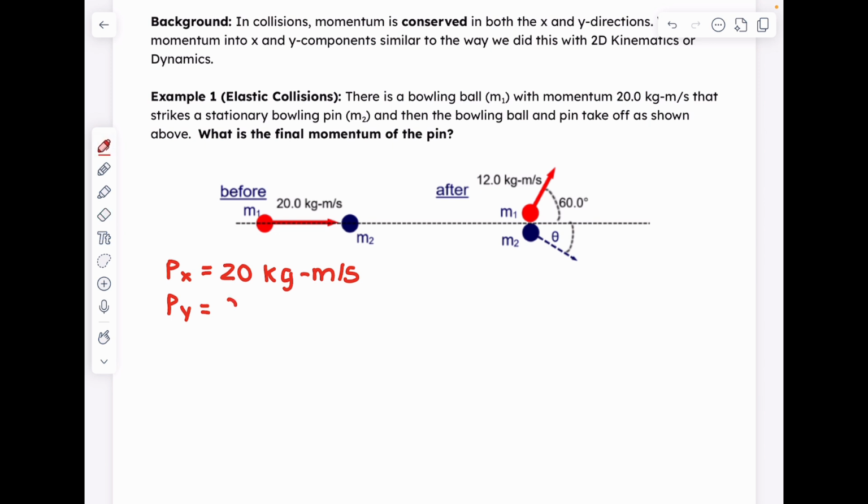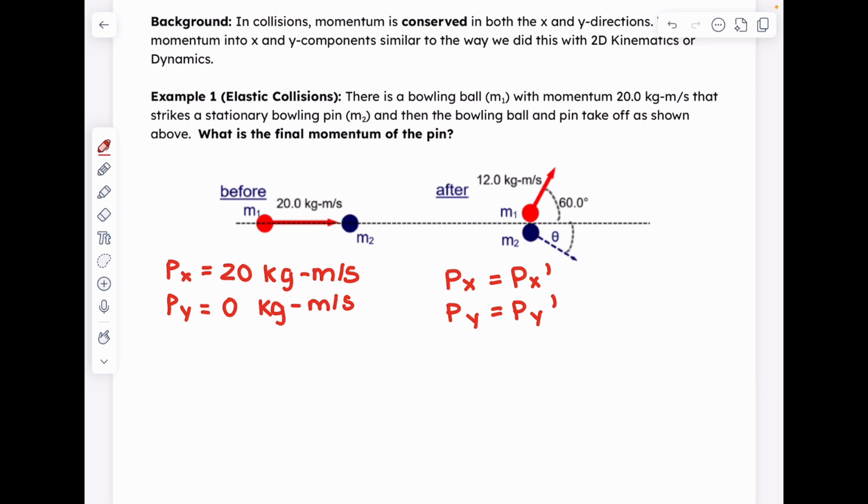So we have no motion in the y direction, which leads us to understand that the initial momentum in the y direction is zero. That's before, and after the fact, the initial total momentum in the x direction is equal to after, and same for y. That's what the apostrophe means: momentum after.